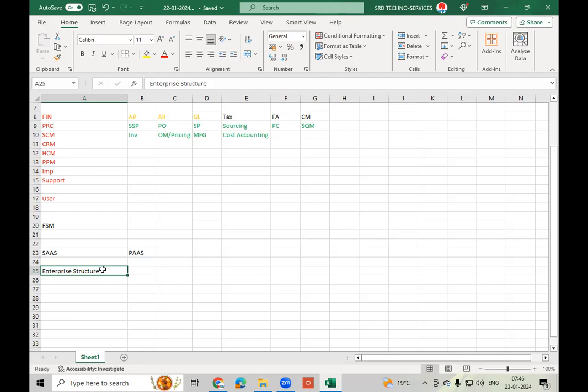Organization structure. In the structure, we'll have different levels, right? Maybe it is the group. Under one group, we can maintain different legal organizations. That means organizations legally registered, right? A company must be registered as per company law, so then only you can do legal business.